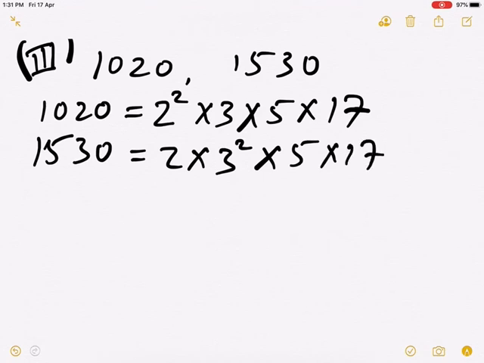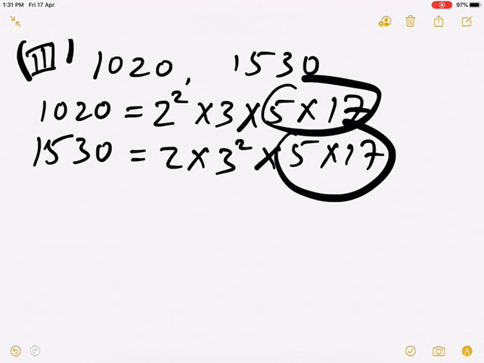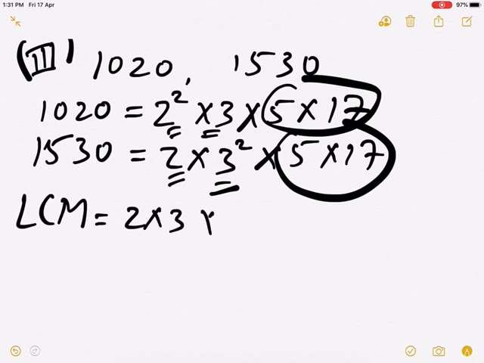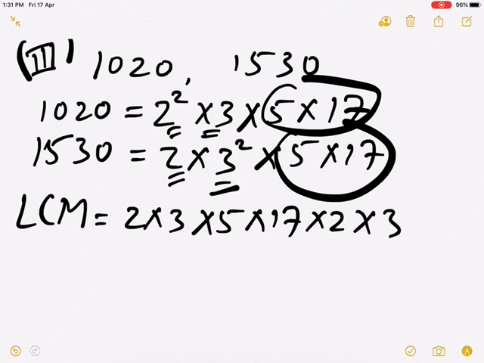Now as we can see here, 5 into 17 is common, and there is one 3 here, there is one 3 here also, and there is one 2 here, and there is one 2 here also. So first we'll write down all the common things here. So we write down 2 into 3 into 5 into 17. Now we will be left here with one 2, so that 2 will also come here, and we will be left with one 3 from here, so that will also come.